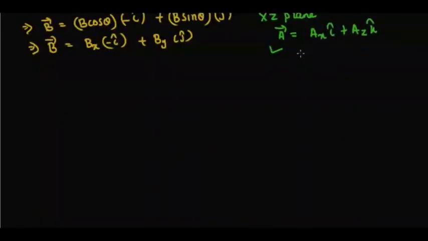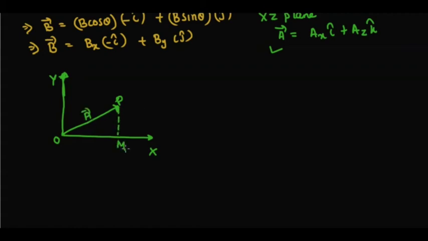So let me draw that diagram again. I will draw only the first quadrant. So this is the positive x-axis and this is the positive y-axis. Is that clear? And we have a point P here, and this OP vector is vector A, and we have drawn perpendiculars.